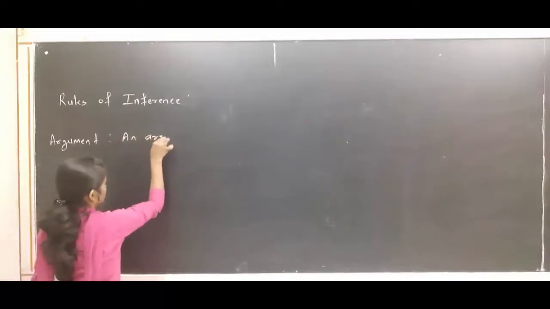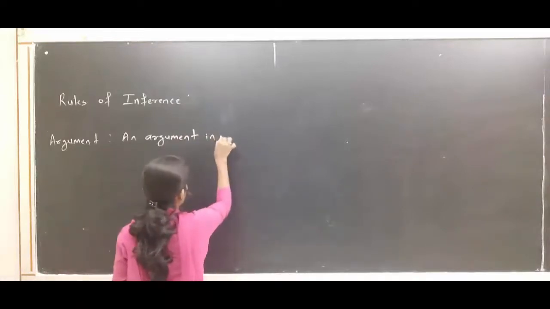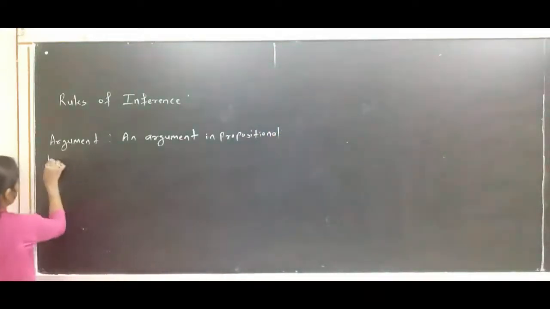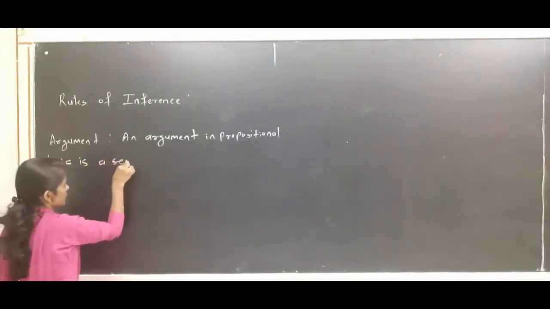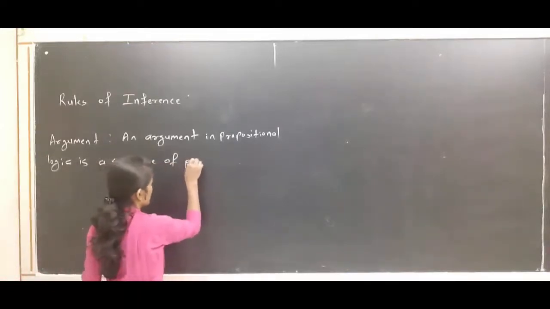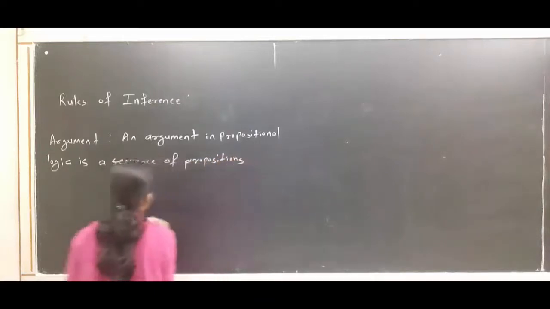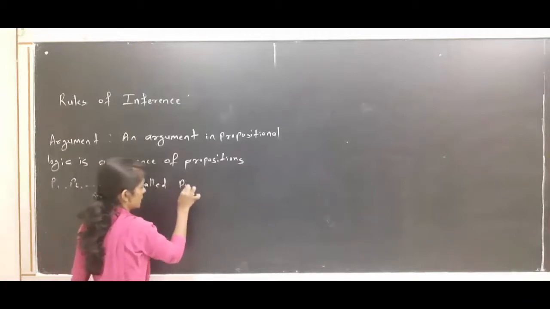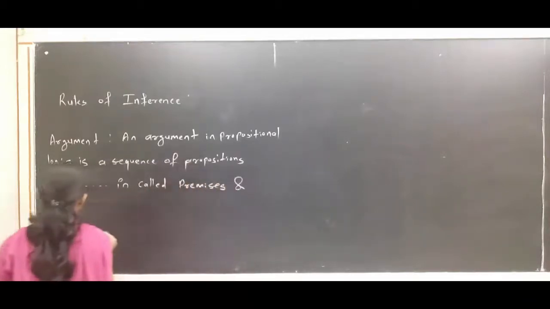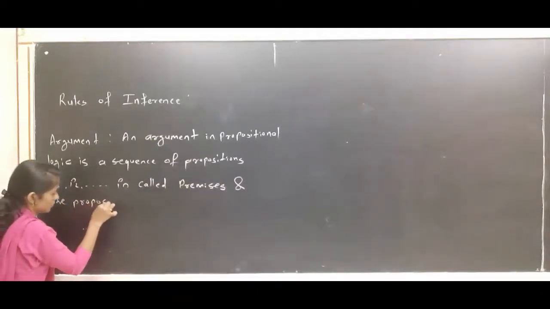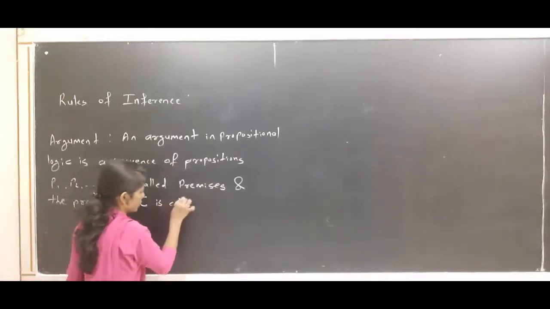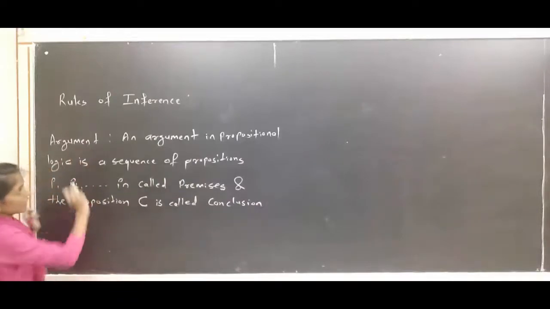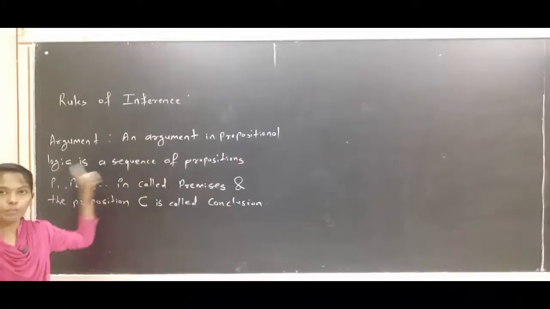An argument in propositional logic is a sequence of propositions P1, P2, P3 up to Pn called premises, and the proposition C is called the conclusion. So an argument in propositional logic is a sequence of propositions P1, P2, P3 up to Pn.